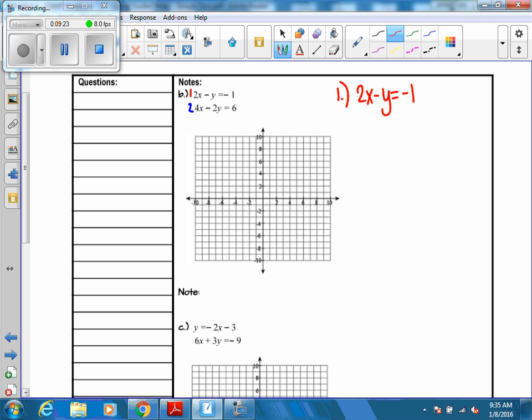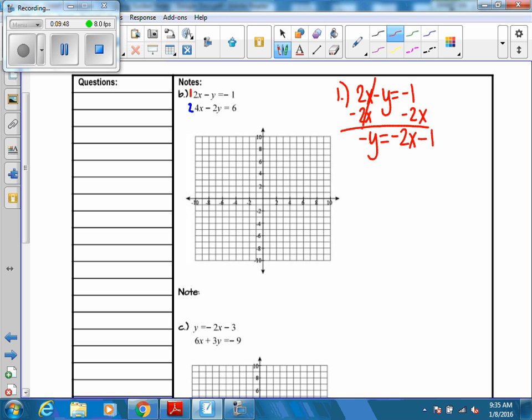So if I want to solve for y, I'm going to subtract 2x on both sides. So 2x minus 2x is 0 because these cancel. Then I'm left with negative y equals, I cannot combine negative 2x and negative 1 because they're not like terms. So I'm left with negative 2x minus 1.